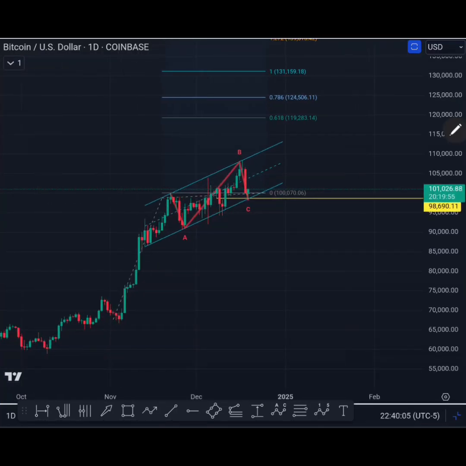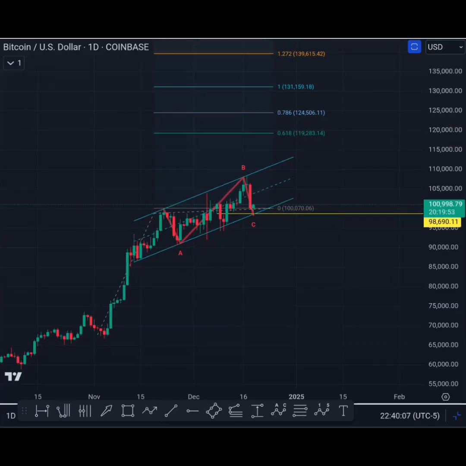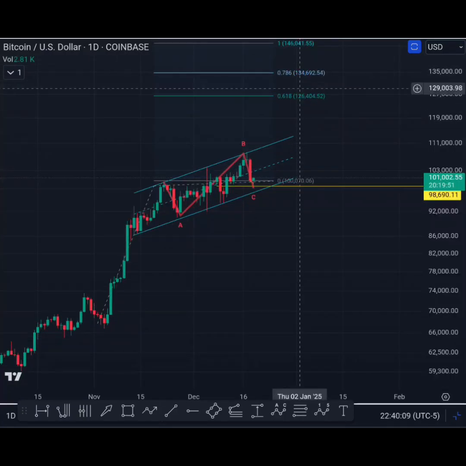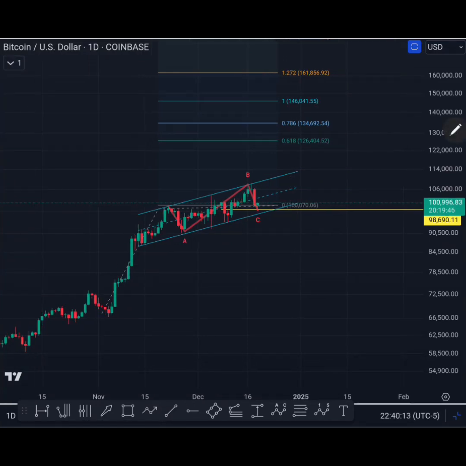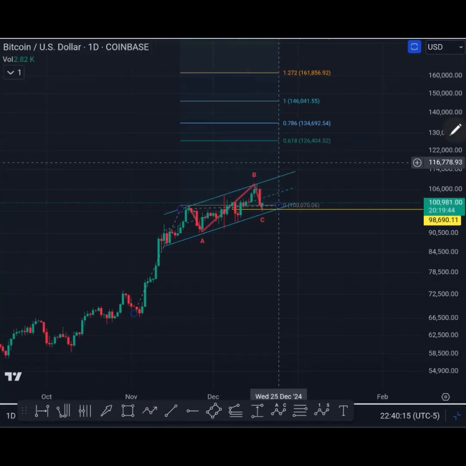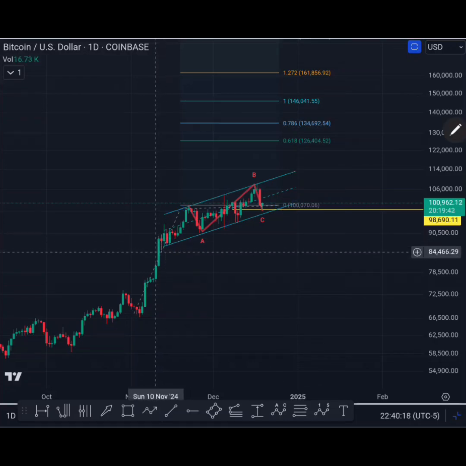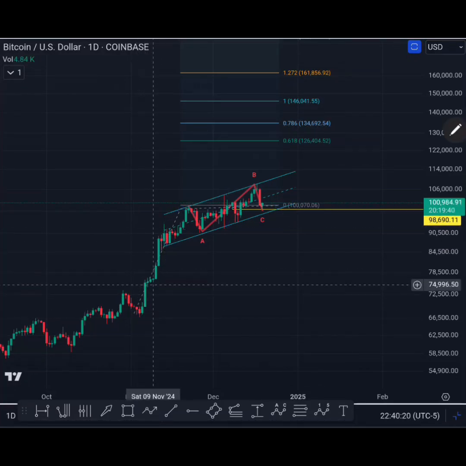That is the conservative target. But if we pop it into log scale, the target is 146.